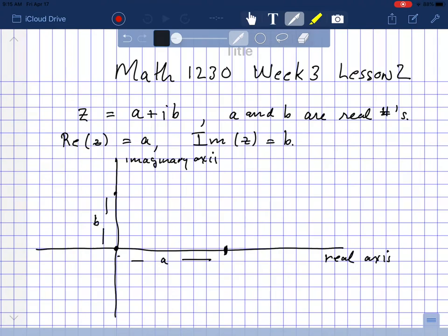So I'm moving b units away from the origin to this point located on the imaginary axis, and since b is positive, I'm moving upward. And now I'm going to locate this point. And this is the point z equal to a plus ib.